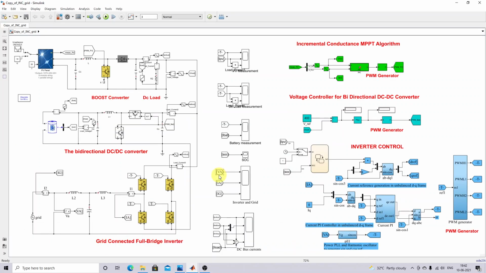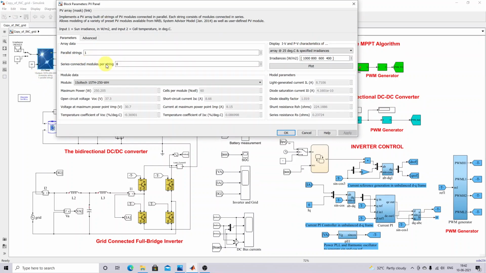Yeah, this is the model we created for that grid connected solar PV system with the battery energy storage system. Okay, so here you can see that we are using 250 watts panel, right? That means here you can see that the panels will be connected in series.